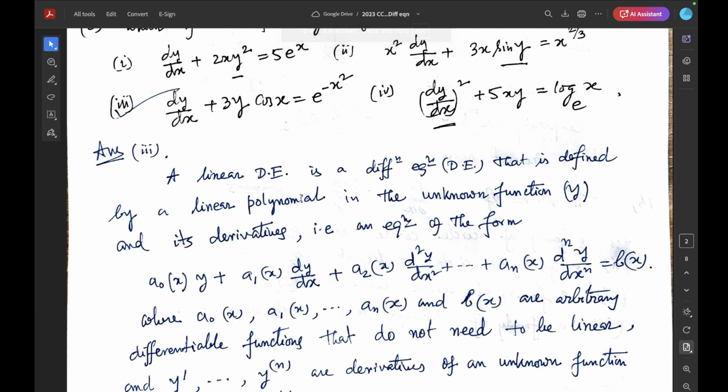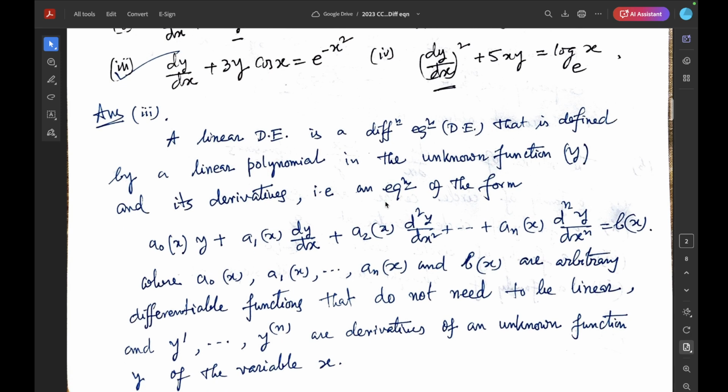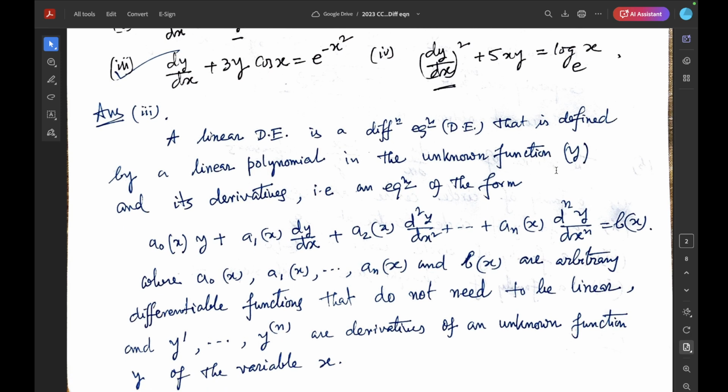A linear differential equation is a differential equation that is defined by a linear polynomial in the unknown function y, the dependent variable, and its derivatives.